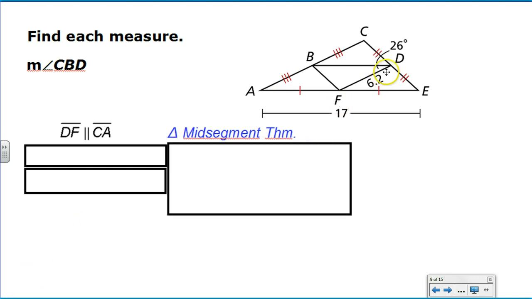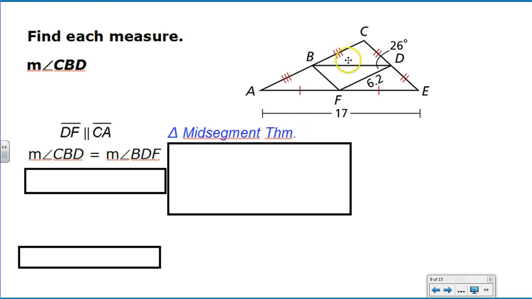And this would be because DF is also a midsegment, isn't it? DF, those two endpoints are at midpoints, so it would be parallel to CA. Okay, so what can we say next? We can say that the measure of CBD equals the measure of BDF.